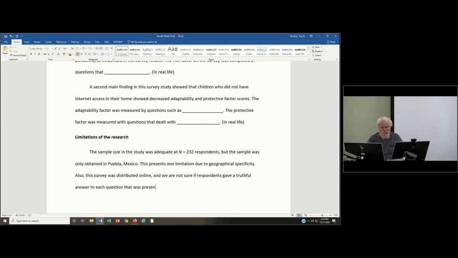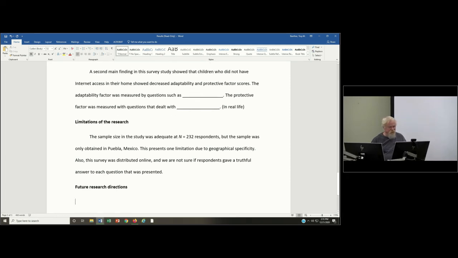All right, and then future research directions is the third part of a discussion section. All right, here we're going to think in terms of the limitations of the study, and then we're going to provide directions for new research.